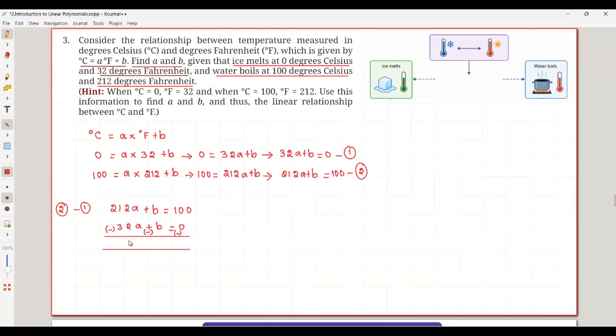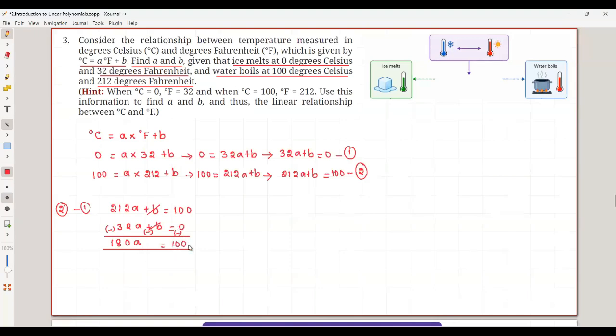So if you subtract, 2 minus 2 is 0, right? So 21 minus 3 is 18. So 180A. Now plus B minus B cancel, is equal to 100 minus 0 is 100.